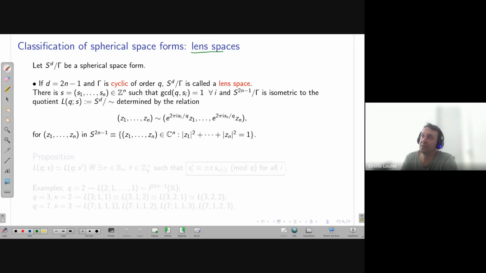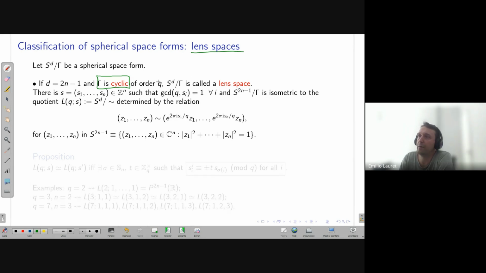Lens spaces are spherical space forms with cyclic fundamental group. In collaboration with Roberto Miatello and my PhD advisor Juan Pablo Rossetti, we worked a lot in the spectral geometry of these spaces.